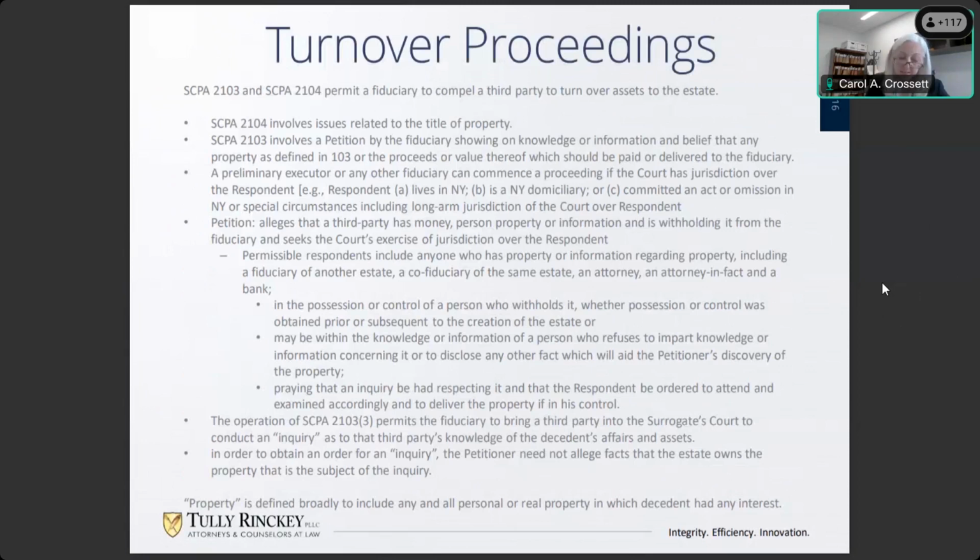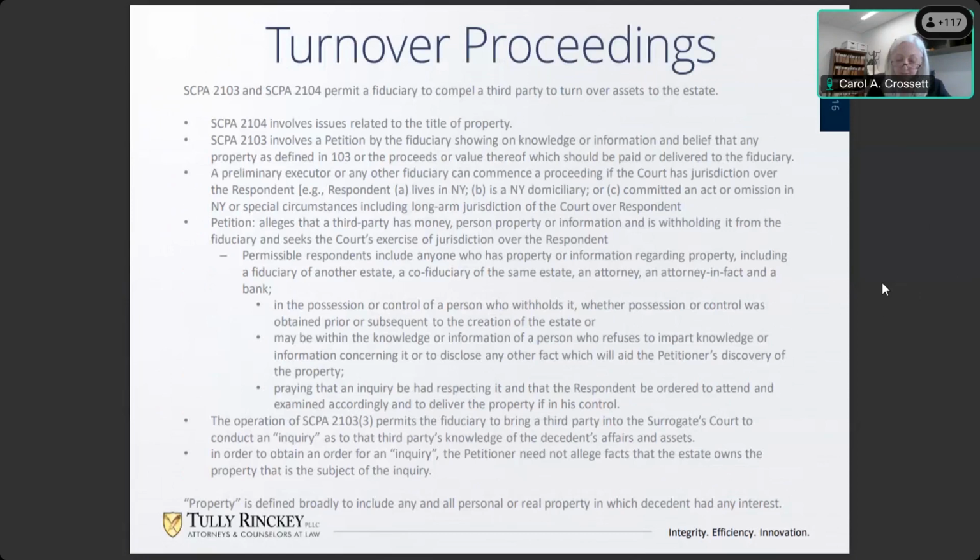SCPA 2103 involves a petition by the fiduciary about any property, as defined in SCPA 103, or the proceeds of property. The fiduciary can commence turnover proceedings, and the court has jurisdiction over the respondent that's the subject of the petition.